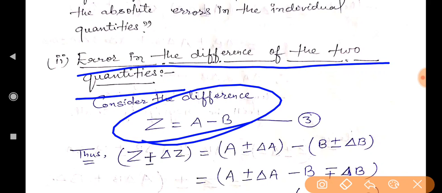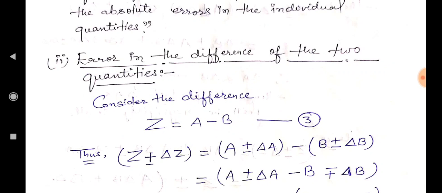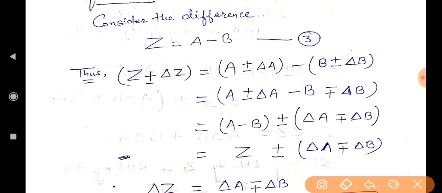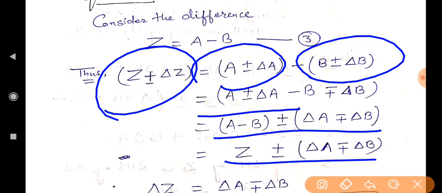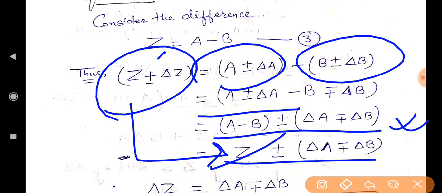Now similarly, in the case of error in the difference of two quantities, suppose z equals a minus b, that is the difference of two quantities a and b. If you put the values of the measured quantities here and solve, you will get z plus minus delta a minus plus delta b, and if you equate LHS and RHS, z cancels out, and the value of delta z comes out to be delta a minus plus delta b.